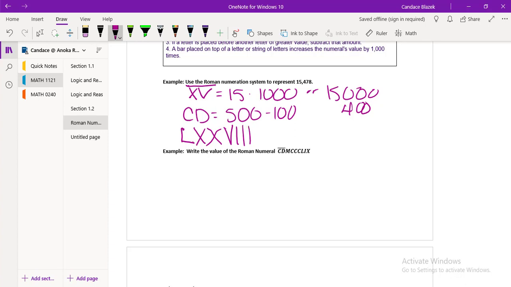And that will give us our 78. We have to put it all together. So the Roman numeral representation of 15,478 is XV with a bar, CDLXXVIII.